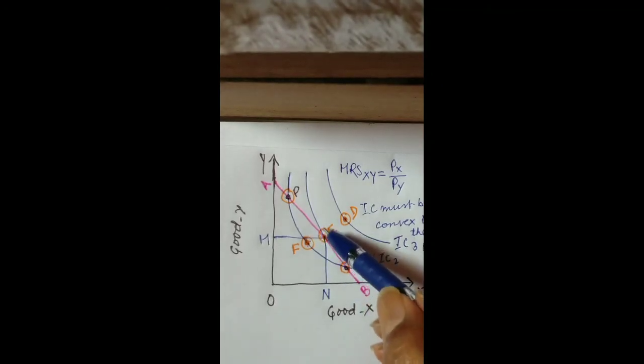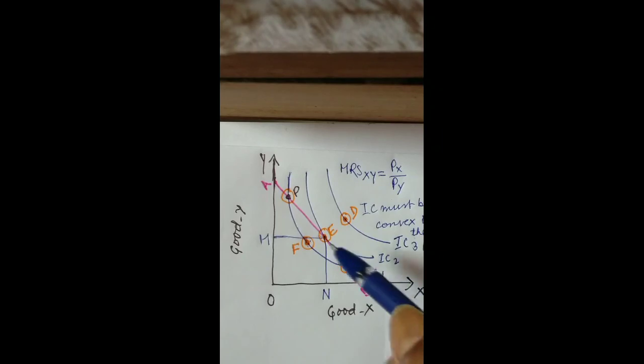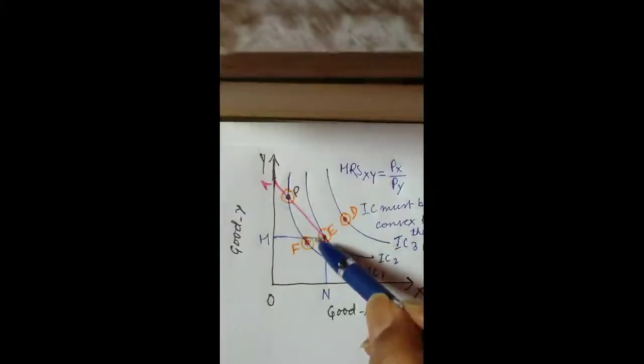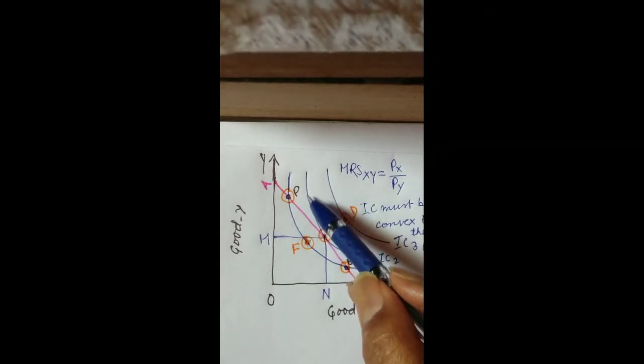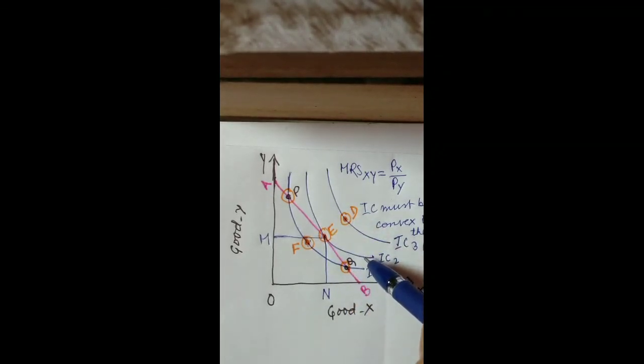Now we have one indifference curve left, that is our IC2, and on this IC2, a point E is shown, which is at this point the IC2 is touching the budget line. It means this is the tangency point of the budget line to the indifference curve. Here the slope of the budget line and the slope of the indifference curve are equal.